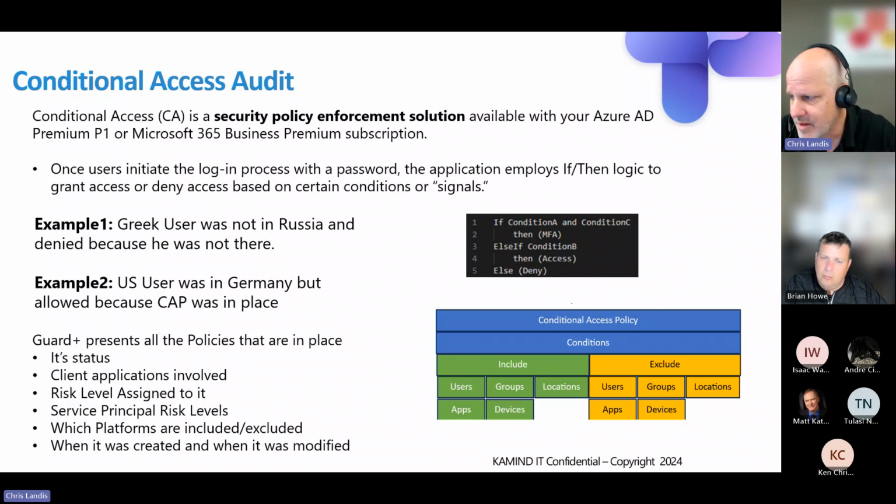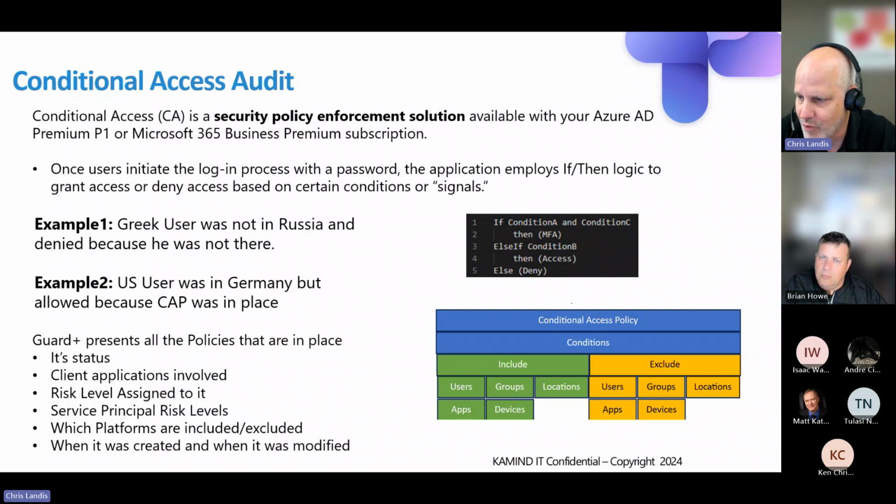What happens is, let's just say you have a policy that says your users are only able to log in from, we're based in Portland, so we'll say that. If suddenly somebody logs in from California, that's a condition that they're in Portland.